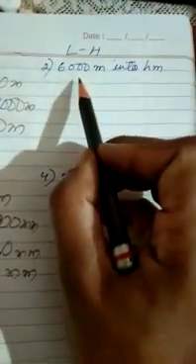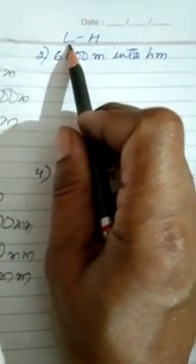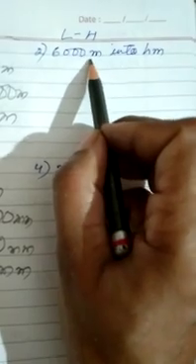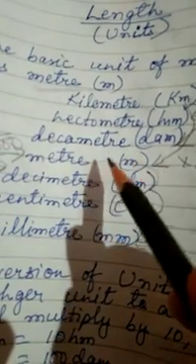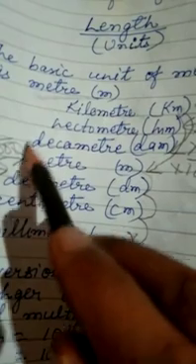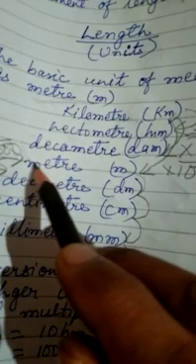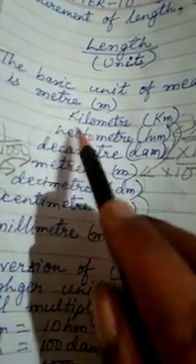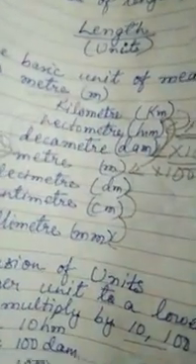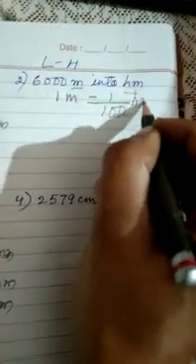Now let us do another concept, that is conversion from lower to the higher unit. Here we have to convert meter into hectometer, as in the tabular form, from meter to hectometer, lower to the higher unit, gap of 10. So 1 meter is equal to 1 by 10 decameter and 1 meter equals 1 by 100 hectometer. So we will write here that 1 meter is equal to 1 by 100 hectometer.